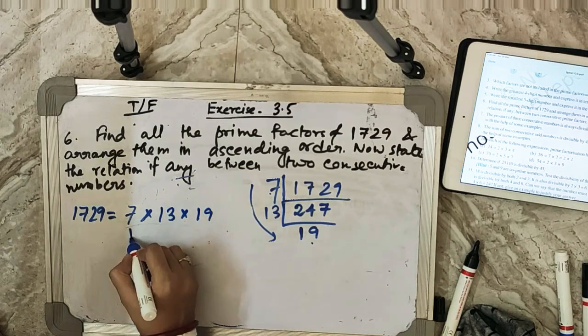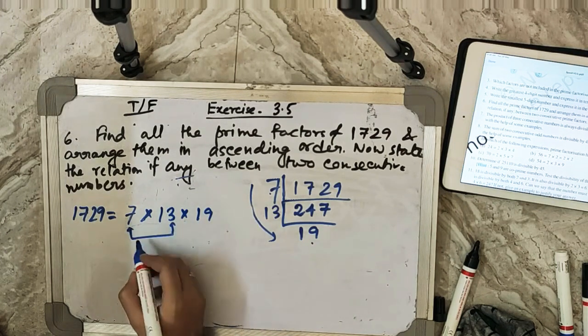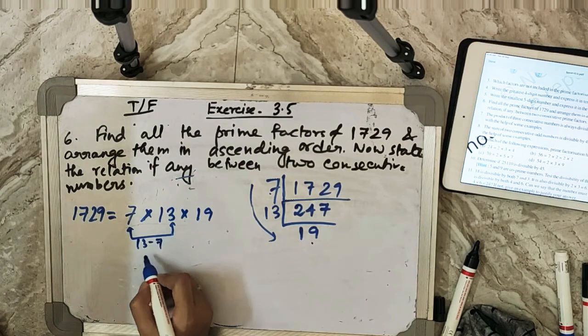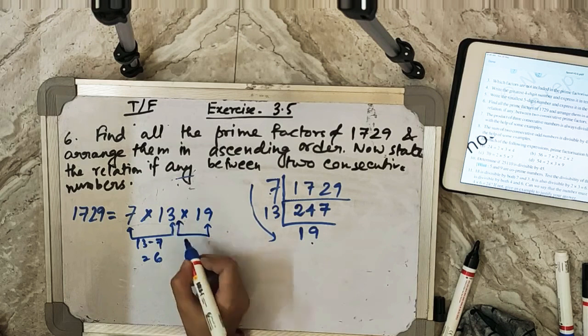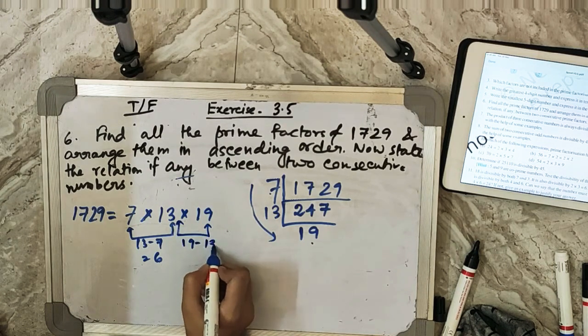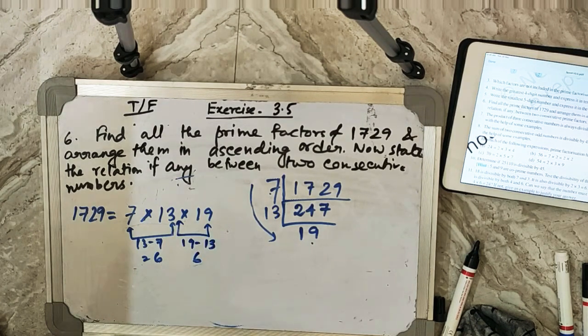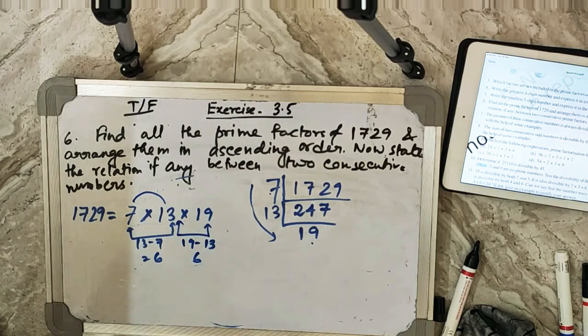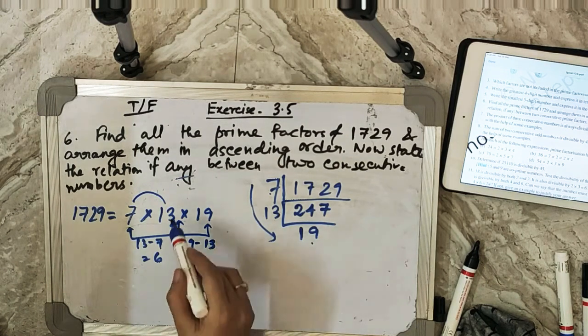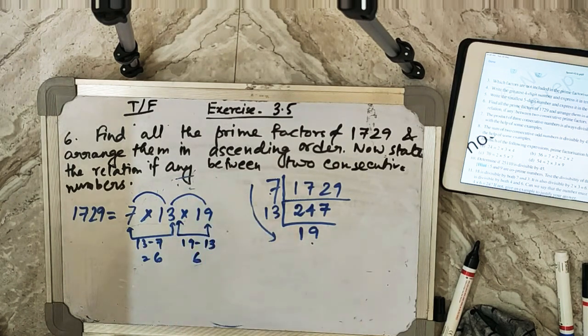Now can you see that the difference between these two numbers is 6 and the difference between these two numbers is 6. So this can be one relation among them, isn't it? So the difference between these two consecutive numbers is 6 and these two numbers is 6 again. Okay. So this can be one relation between them. Okay. So let's proceed.